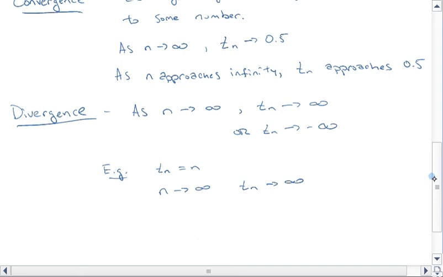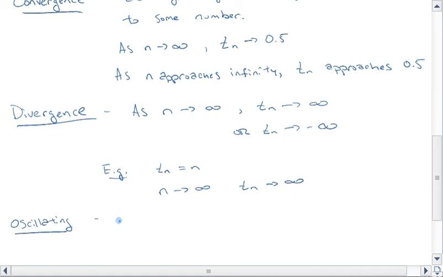There's also one other possibility, which is called oscillating. So it's also possible for a sequence to not approach one value, but to approach a couple and to go back and forth between them.